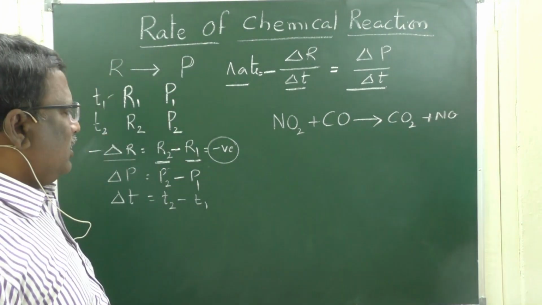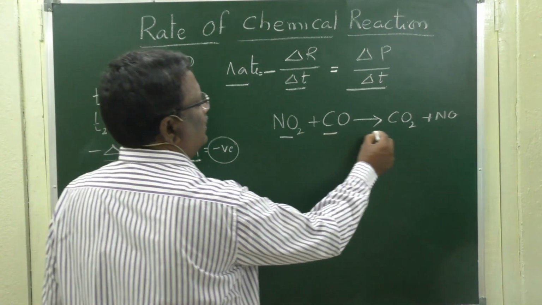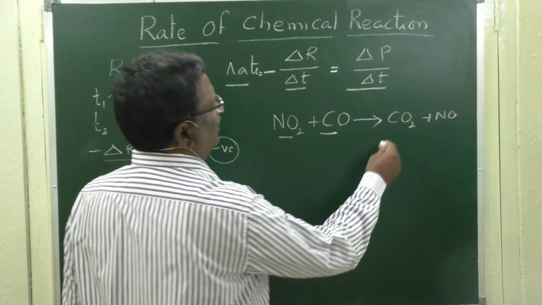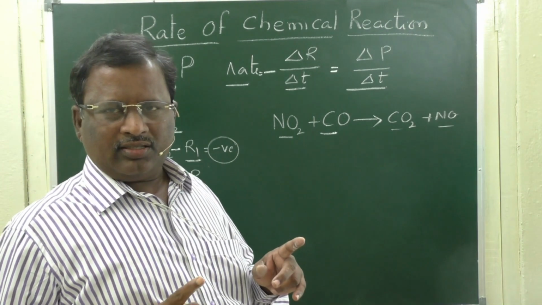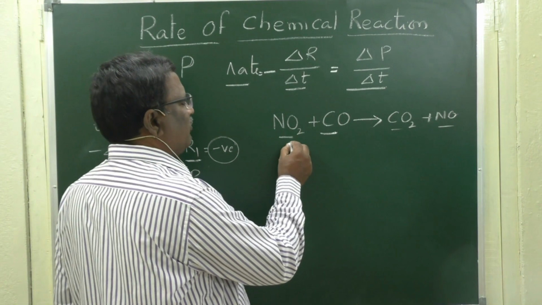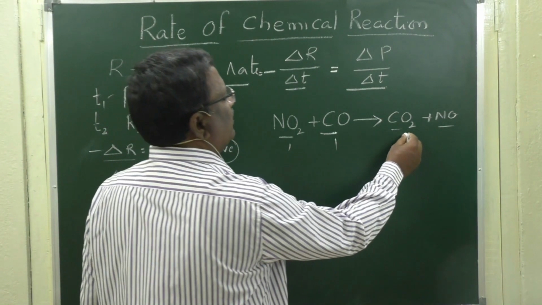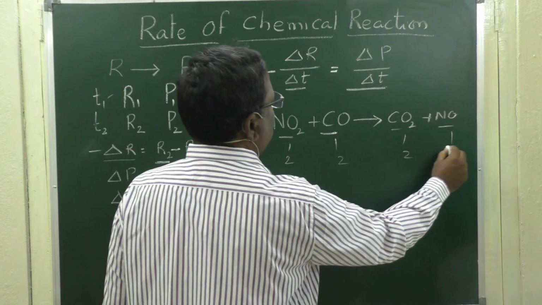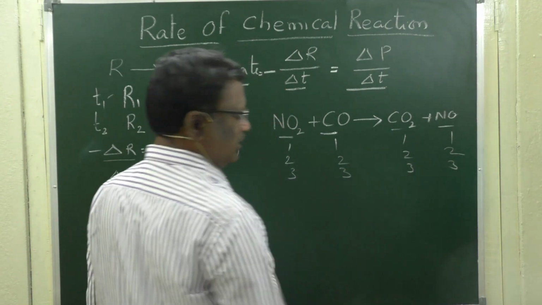So here we can express the rate of this reaction with respect to any one of the reactants or any one of the products, because 1 mole of NO2 reacts with 1 mole of CO and it gives 1 mole each. If 2 moles are reacting, 2, 2, 2. If 3 moles are reacting, 3, 3, 3.